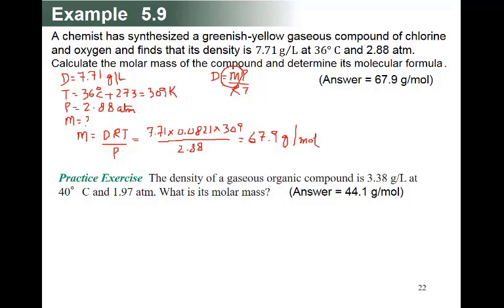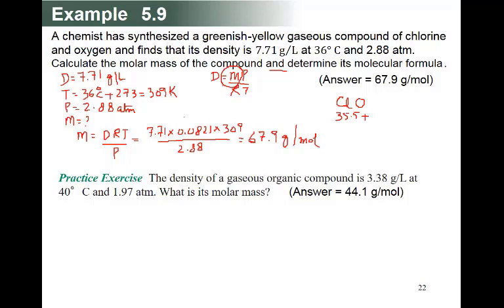And here he is asking to calculate the molar mass, and then determine its molecular formula. We don't know how much chlorine and how much oxygen is there to multiply. So the molecular formula we don't know. There are two elements, chlorine and oxygen, and we don't know how many chlorine and how many oxygen, but by estimation, chlorine is 35.5 from the periodic table, plus oxygen is 16.